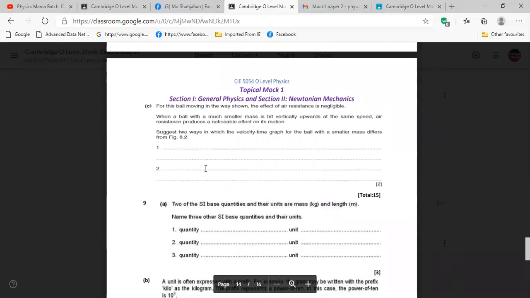This one. Effect of air resistance is negligible, right? Yes, sir.